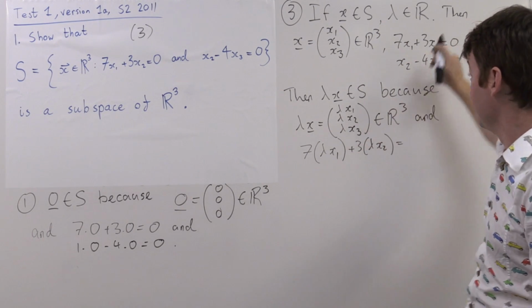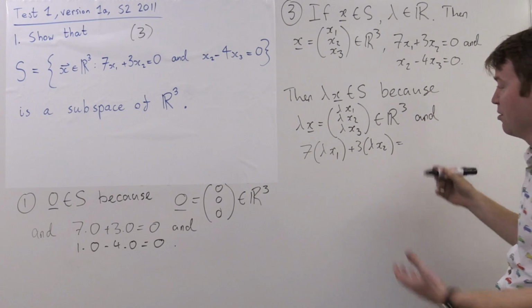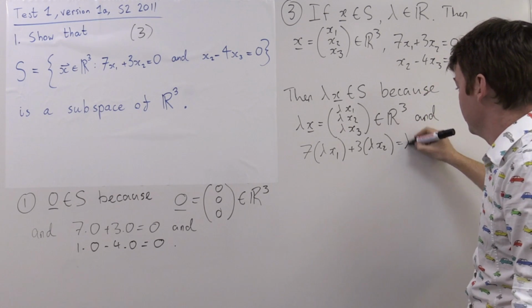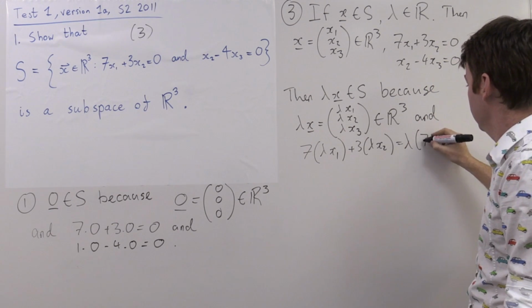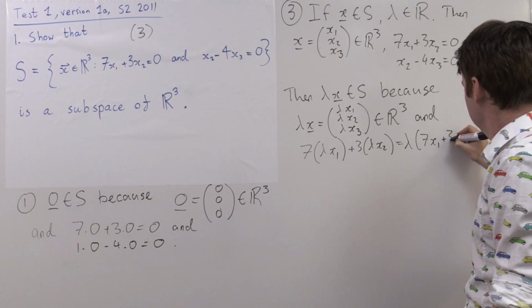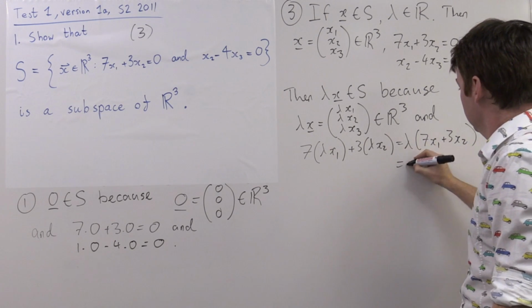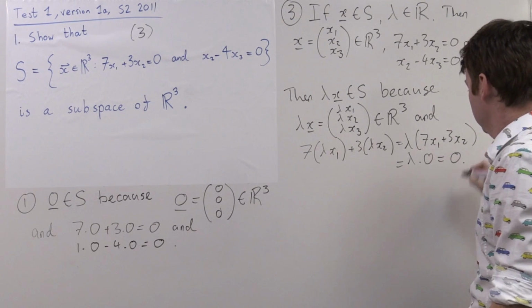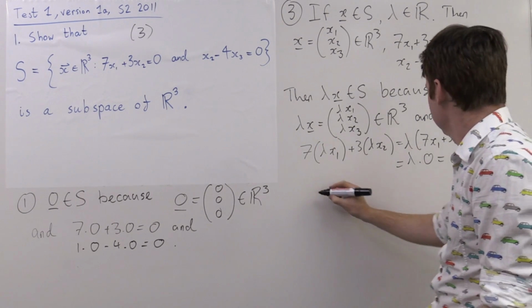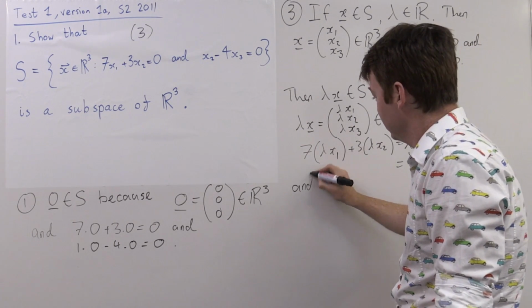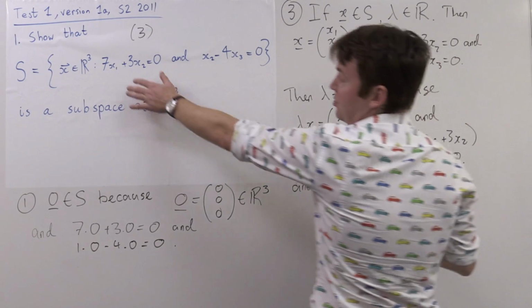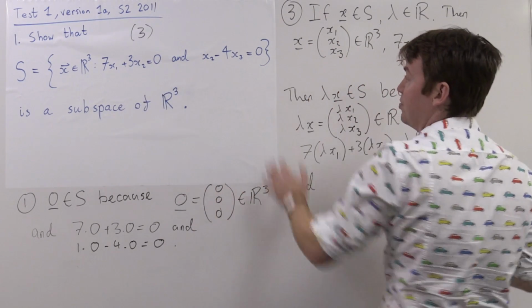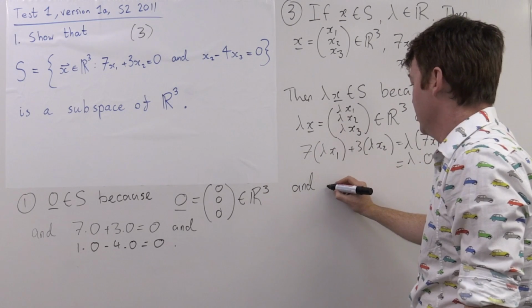Well, now I need to use this information to prove that this is 0, and that's pretty straightforward because I can just factor out the lambda. And so that's this condition satisfied. I just need to show that this condition is satisfied.